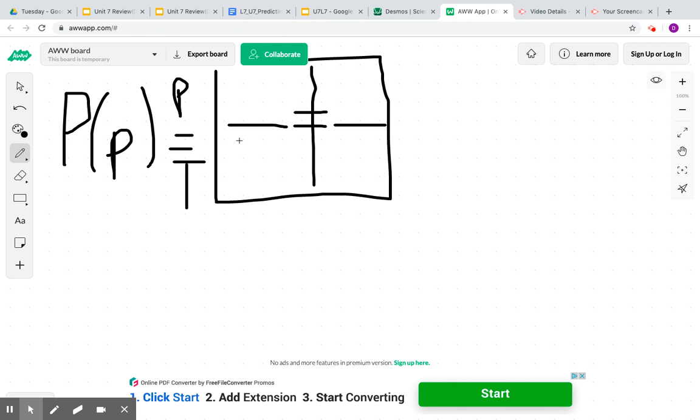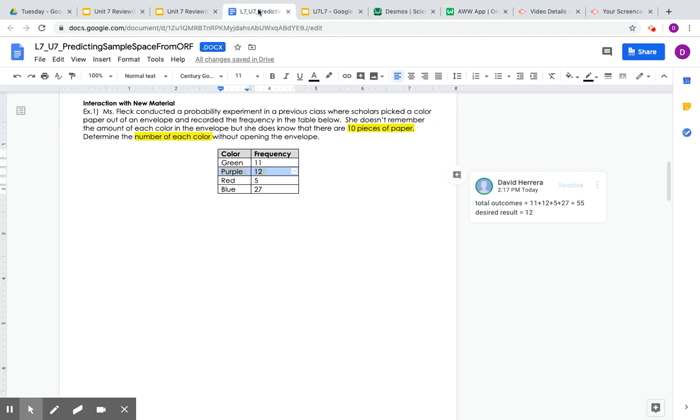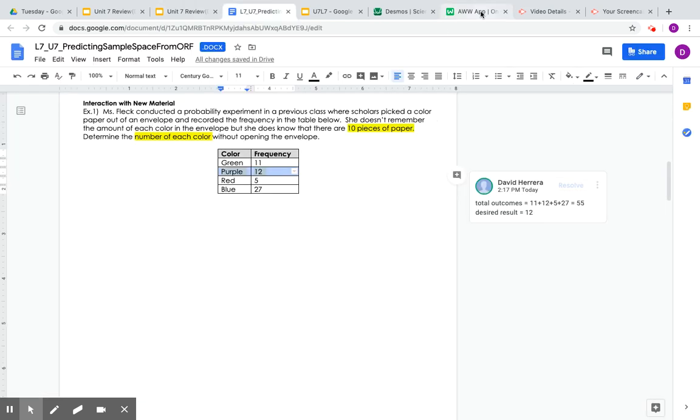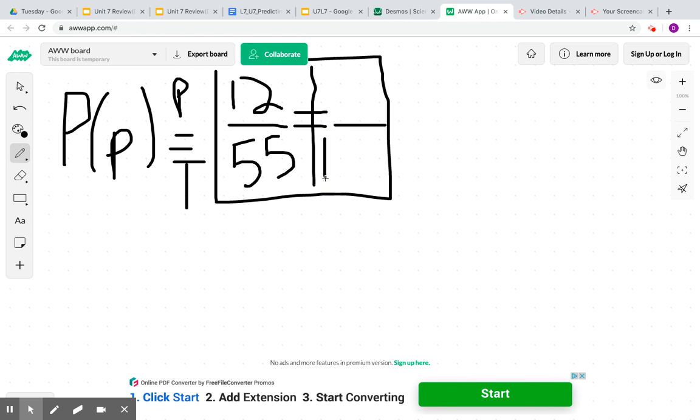So we said the total outcomes, or the total trials, is 55, and out of those 55 trials, she selected purple 12 times. Now we want to make a prediction, and since there are only 10 pieces of paper in this envelope, that's how many total outcomes we're going to put. And we're putting an X up here because right now we have no clue how many pieces of paper are purple out of the 10 pieces of paper in the envelope.